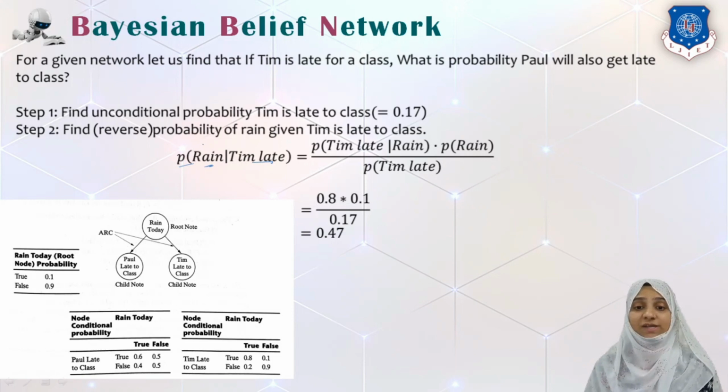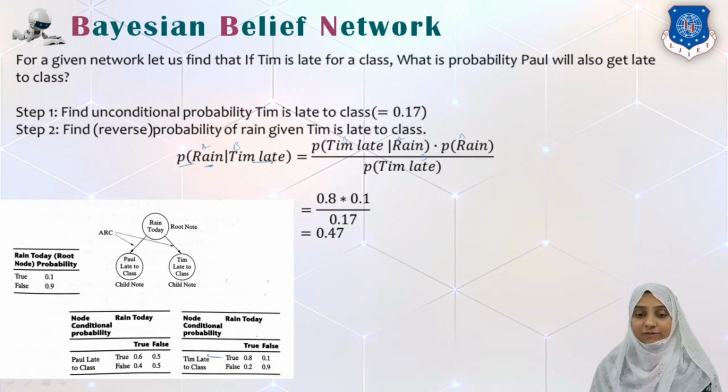Now as you can see, this is event A, this is event B. So this is nothing but our Bayes rule, probability of A given B. Is it clear? Okay, so this must be clear to you that I have used a simple Bayes theorem. Now what is the probability of Tim getting late given that it is raining? That is given in this table.